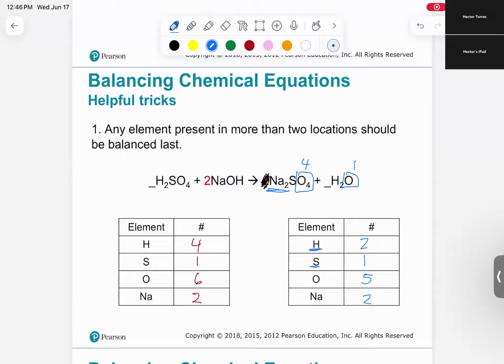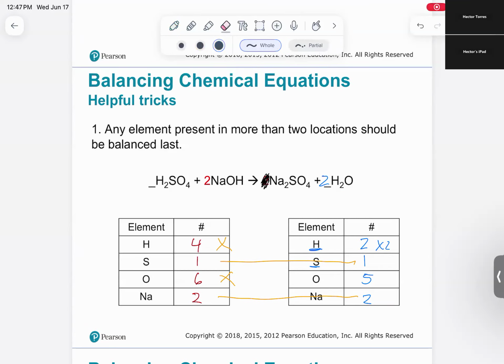So it's not quite balanced, it's almost there. Let's see what's not balancing. The hydrogens aren't balanced. The sulfurs are balanced, which is great. The oxygen's not quite balanced yet. The Nas are balanced. So last step, let's balance those out. To get the correct amount of hydrogens, I need to times this one by 2. So I put a 2 right here.